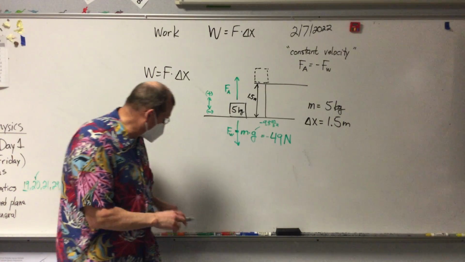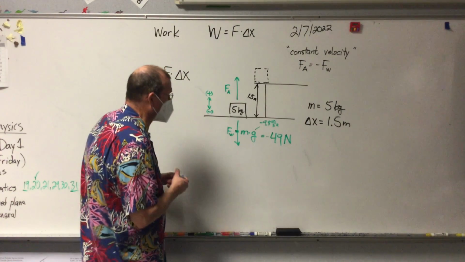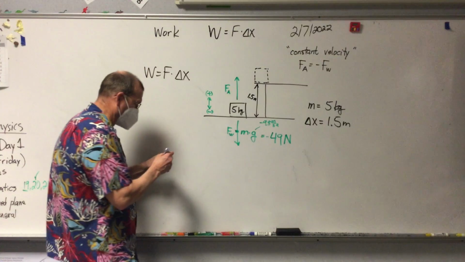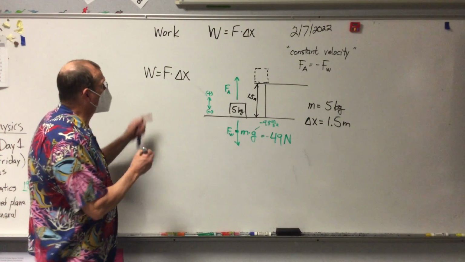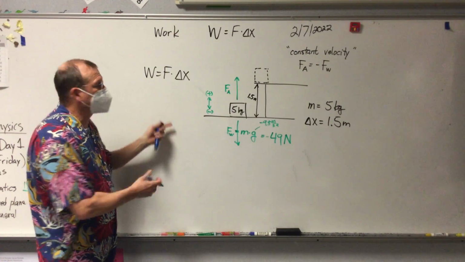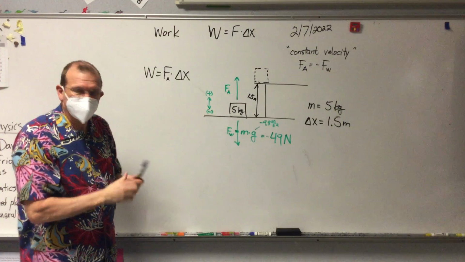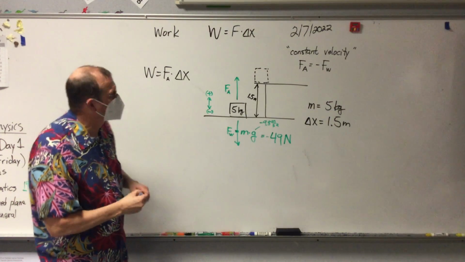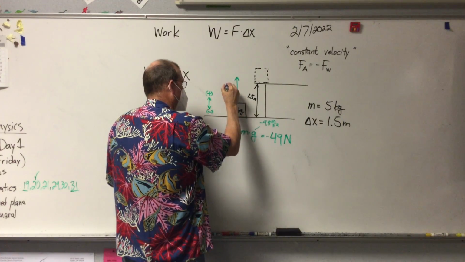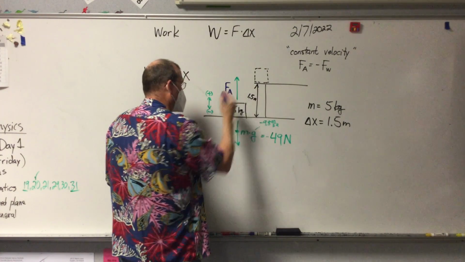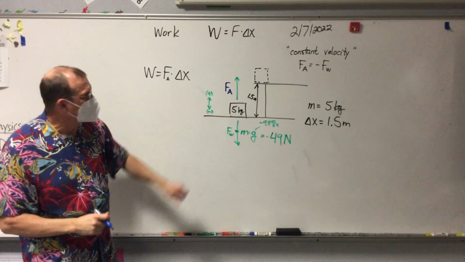So in this particular problem, I'm actually going to change colors with this, because when we are trying to figure out how much work am I doing when I lift this thing up, I specifically want the applied force here. And so I'm going to change this to highlight this is the force that's going to go over here.